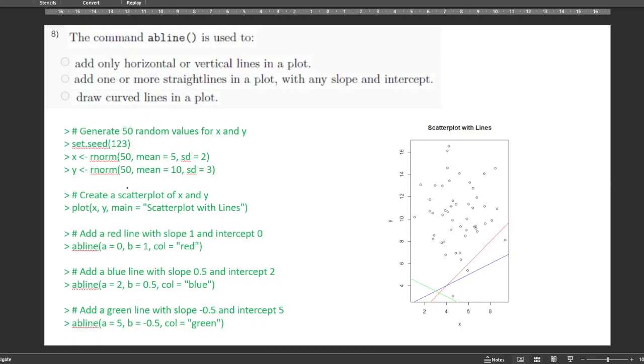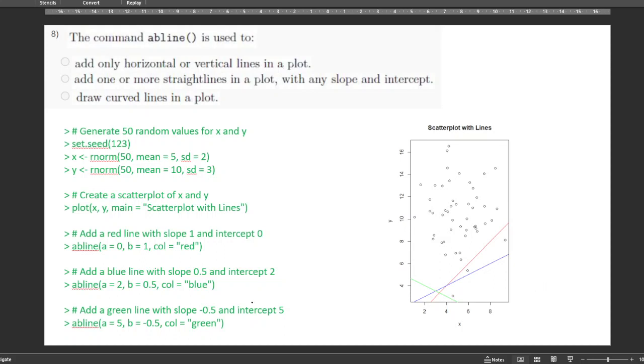Similarly, y is a normal distribution with 50 random variables with mean 10 and standard deviation 3. I'm plotting x and y as scatter points and drawing lines to see the trend. I'm using abline with a=0, b=1, color red. So a=0 means it starts from intercept 0 with slope 1.